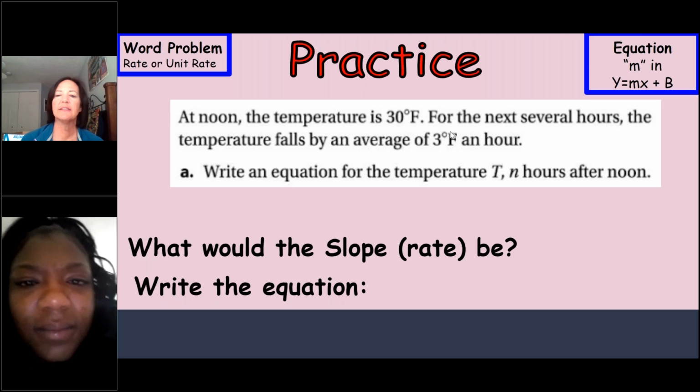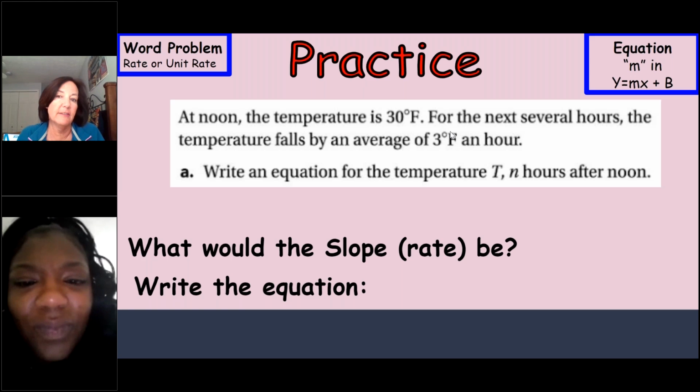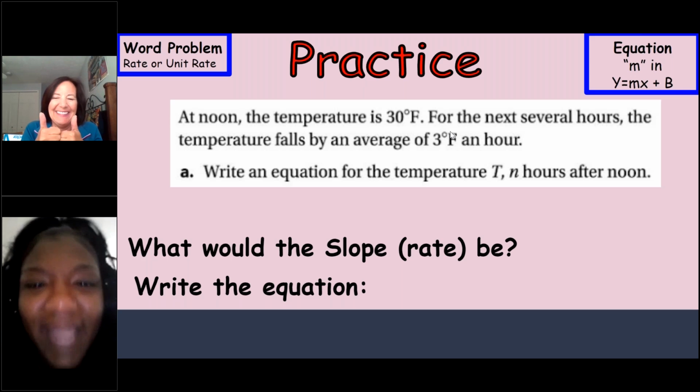What's a number that means it's going down 3 degrees? You keep telling me +3, and it's not +3. Oh, so it's -3 because it's going down.